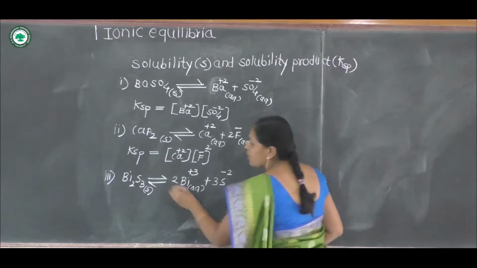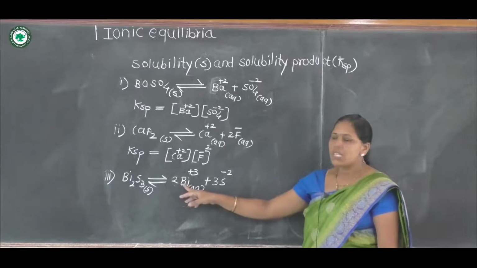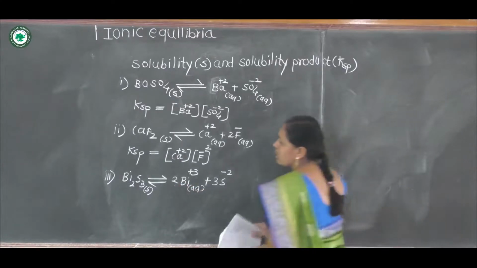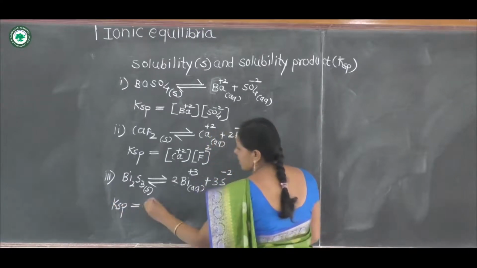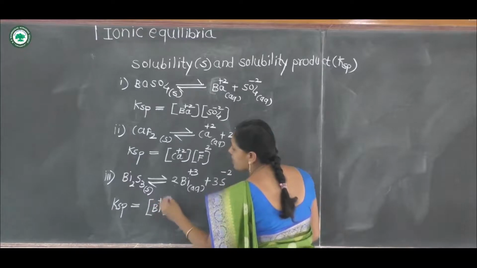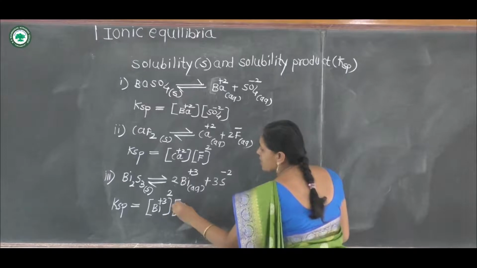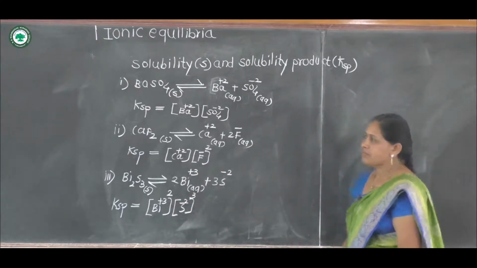Here the number of moles of bismuth is 2 and the number of moles of sulfur is 3. Therefore, solubility product is equal to concentration of bismuth 3+ ions raised to power 2 multiplied by concentration of sulfide ion raised to power 3.